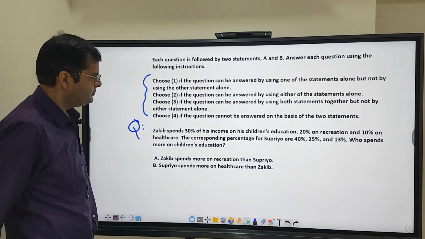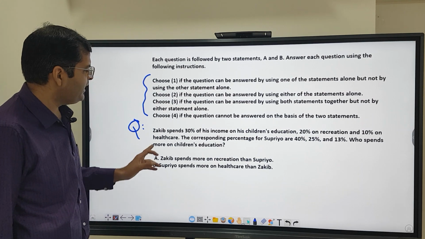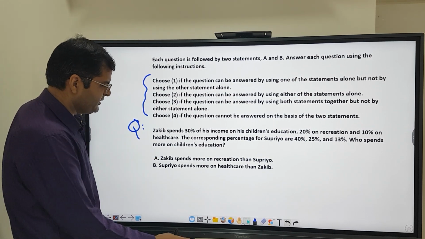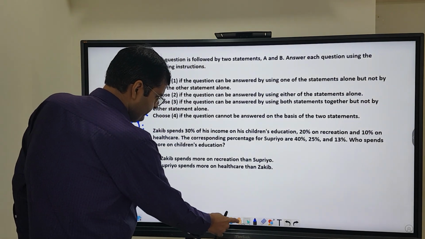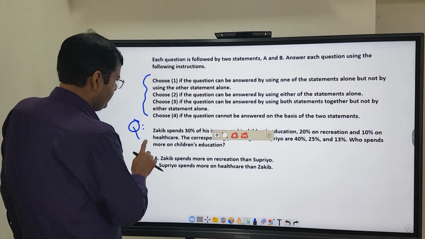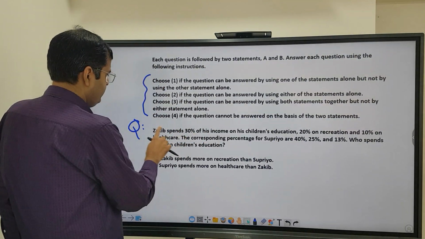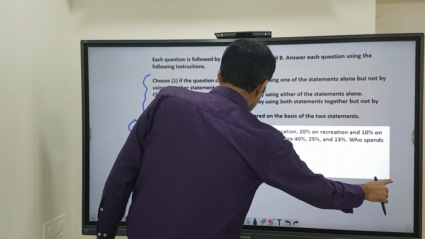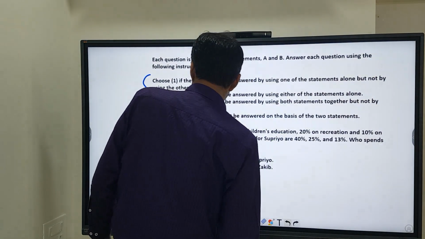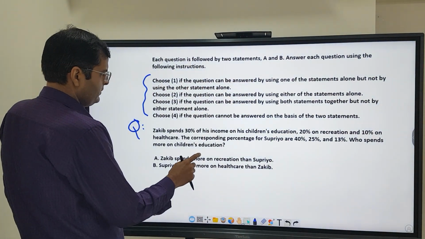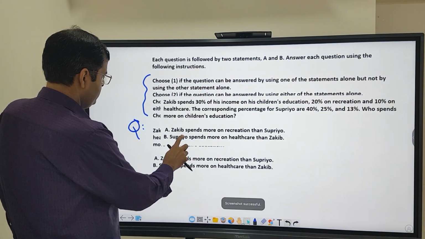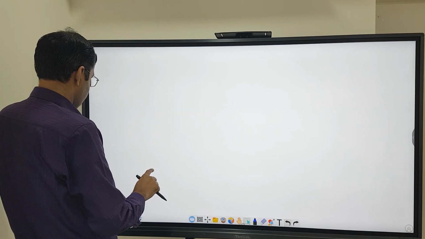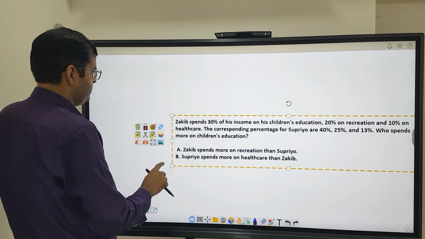It says Zakib spends 30% of his income on his children's education. Let me take this question on the next screen. So we'll cut this, go here and paste it.